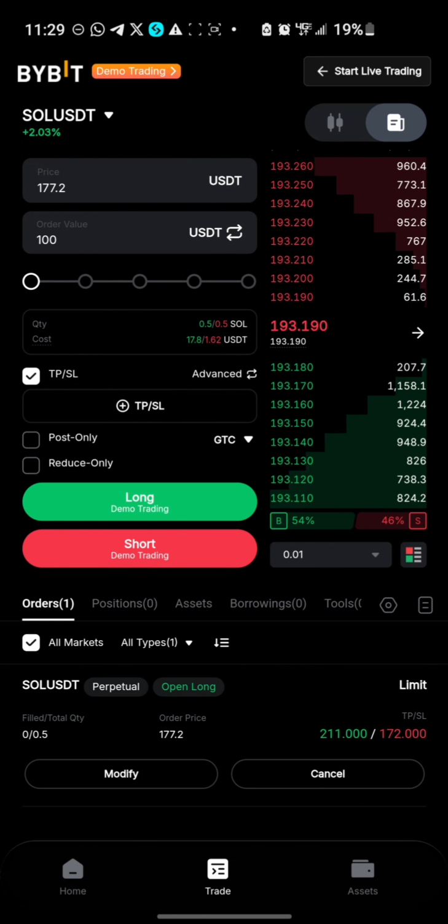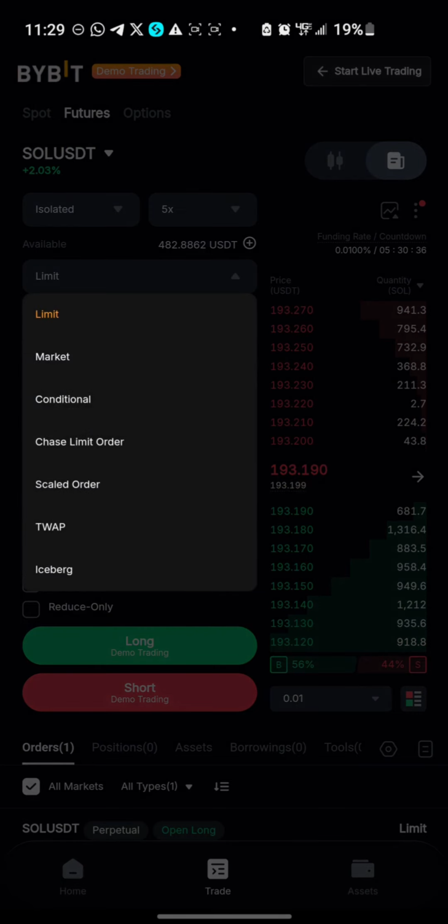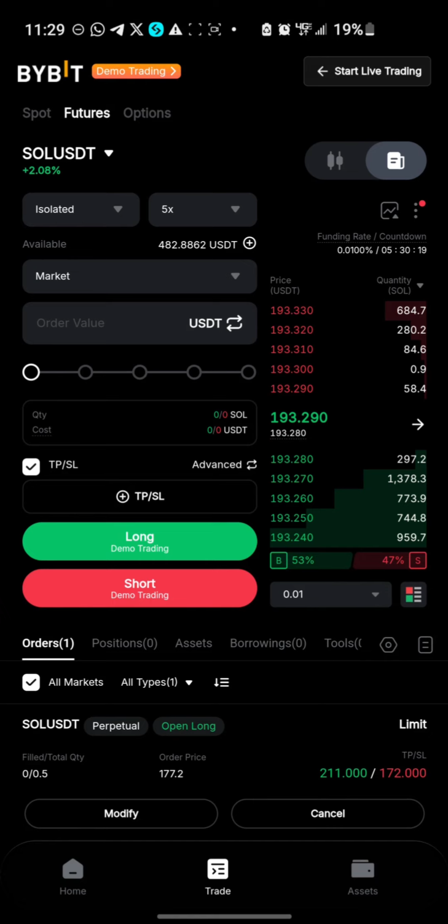So let's try placing another at current market price. Let's say this particular setup again, we want to try using the current market price. Then select market, and the amount of USDT you are using. You can actually use this button here also. Let's say I'm using 15% of my portfolio.